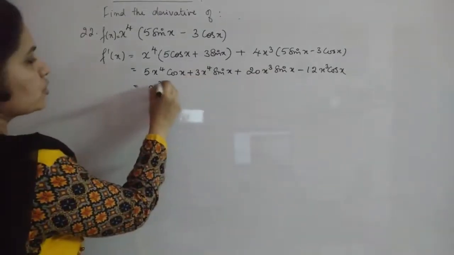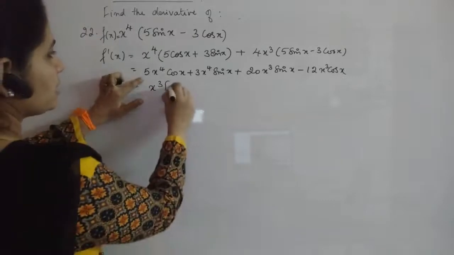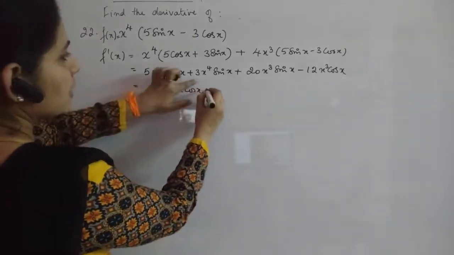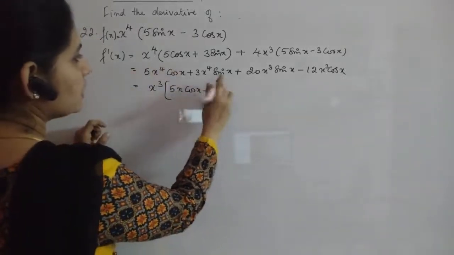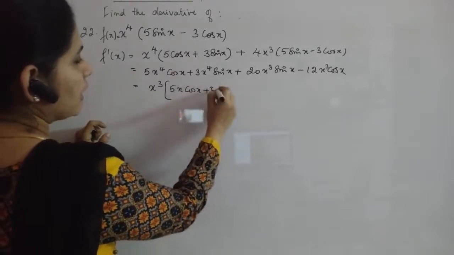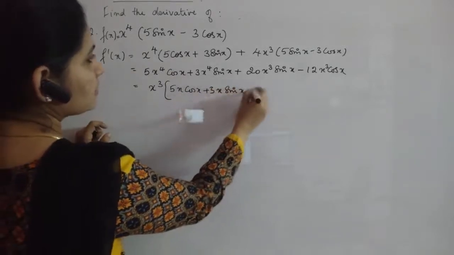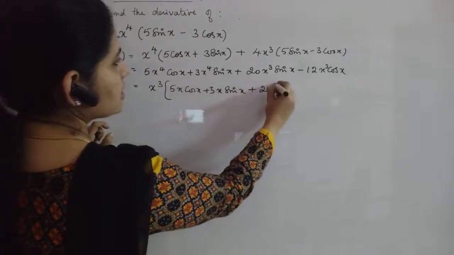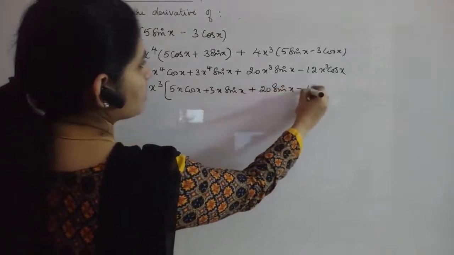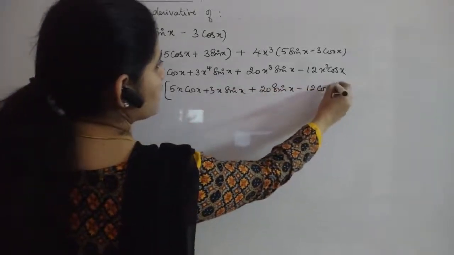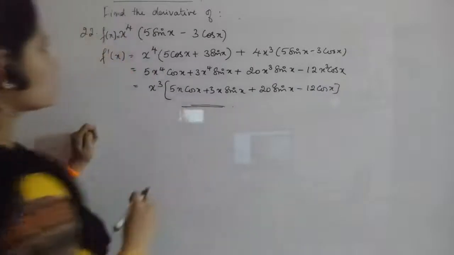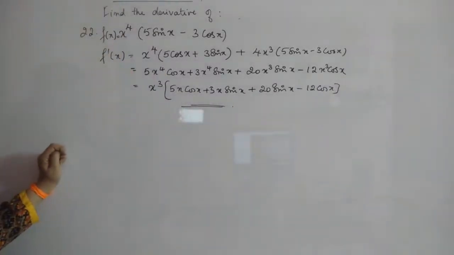Taking x cube in common, what you will get is x cube into (5x cos x plus 3x sin x plus 20 sin x minus 12 cos x). Like this you can make it, okay.